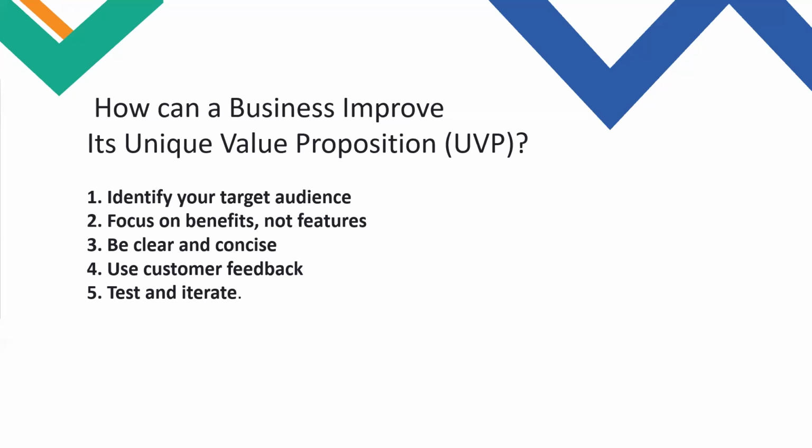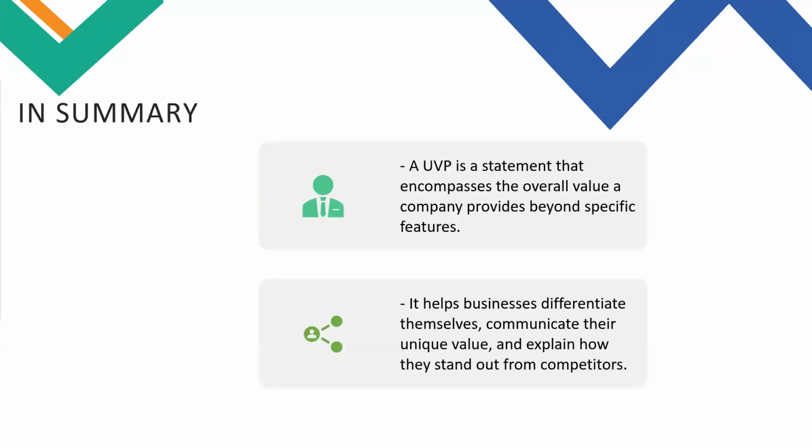Now, UVP, how do we do it? In summary, as our next slide will tell you, a UVP is a broader statement that encompasses the overall value that a company or offering provides beyond a single feature or benefit.